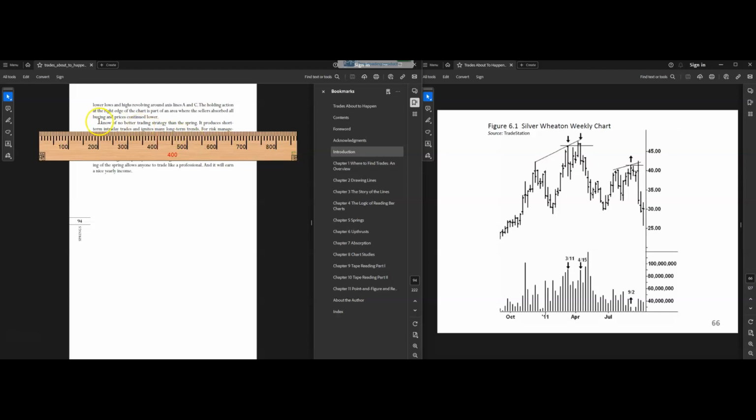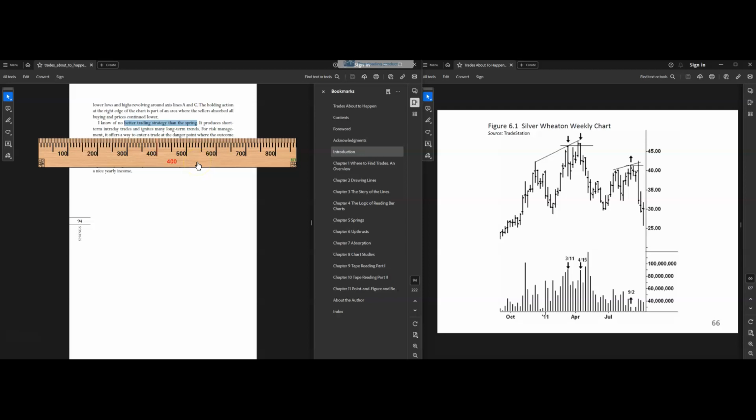I know of no better trading strategy than the spring. It produces short-term intraday trades and long-term trades.